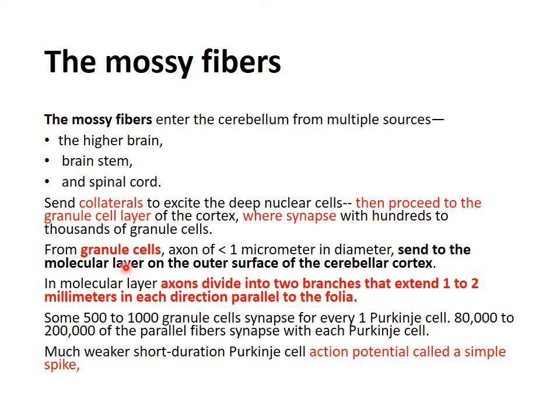So the granule cells are present in the deeper layer, the granular layer, the third layer. Axons of these cells are less than 1 micrometer in diameter and they reach up to the molecular layer and outer surface of the cerebellar cortex. They bifurcate into the parallel fibers.